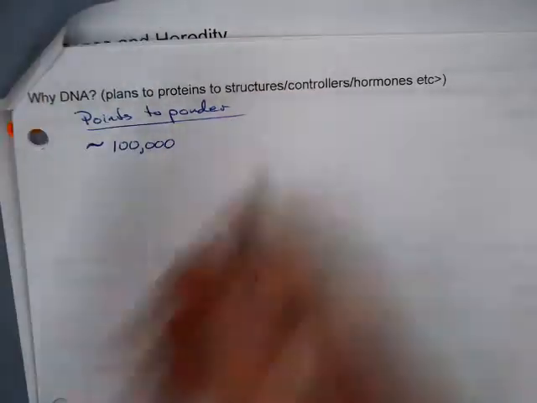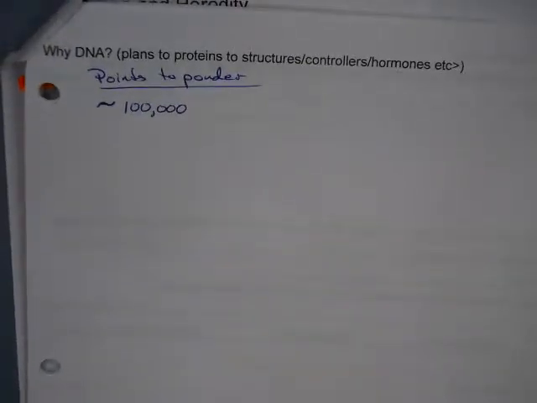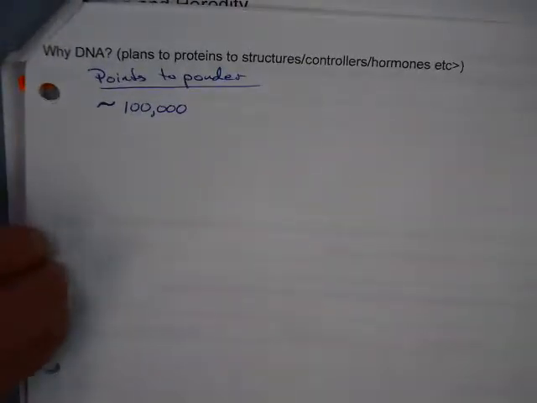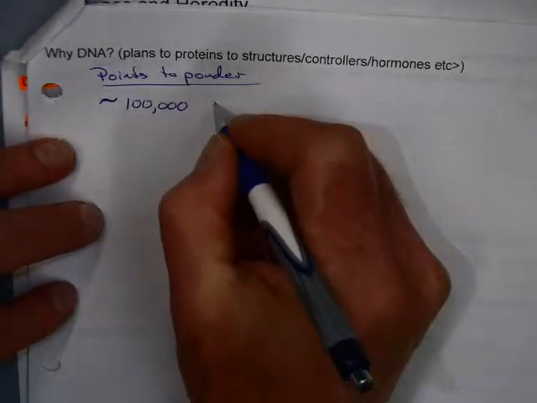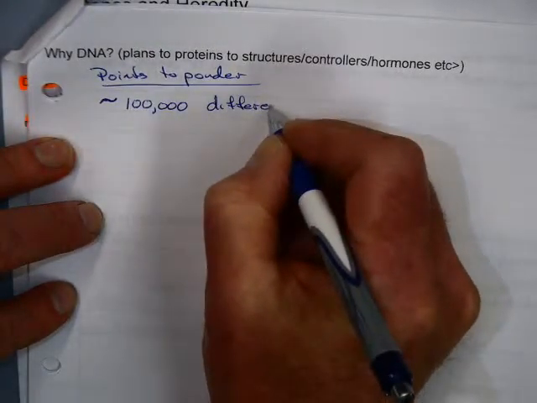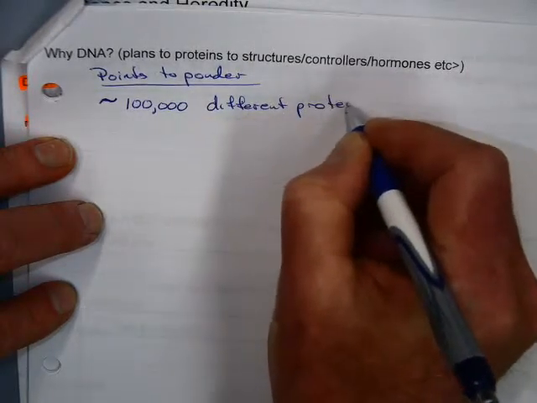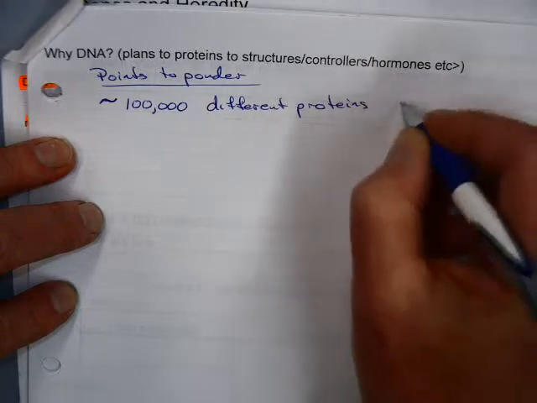Ponder meaning think. Okay. About 100,000 different proteins in the human body.